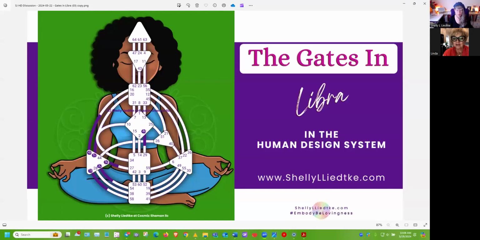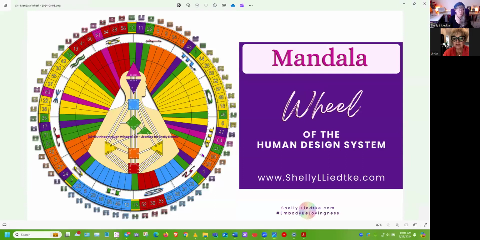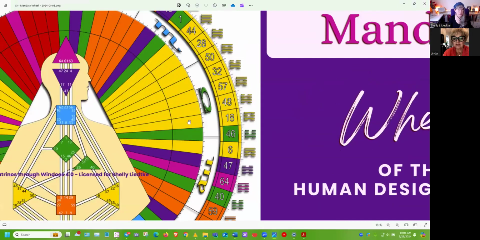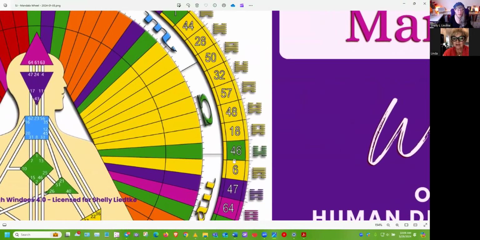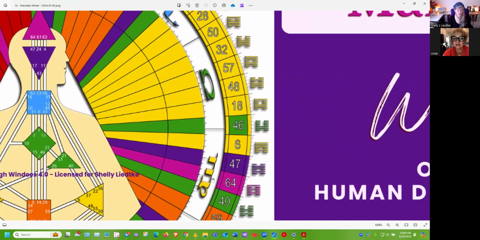Okay, I'm going to go ahead and share my screen. All right, I'm going to pull up the little mandala wheel. Today we are taking a look at the gates in Libra, and gate 46 is where we left off last week with our discussion in the sign of Virgo.